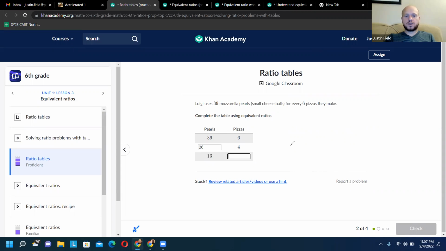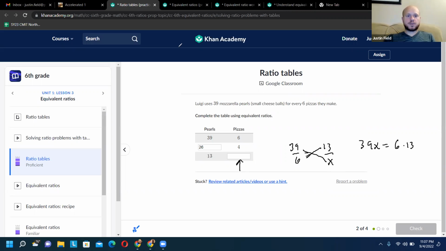All right. So now I'm just going to set up a proportion for the second one. But I can still use 39 over 6. And this time, I know the pearls. So that's 13 that goes on top. And this time I don't know the pizzas. So I'm multiplying 39 times x. And I'm multiplying 6 and 13 together.